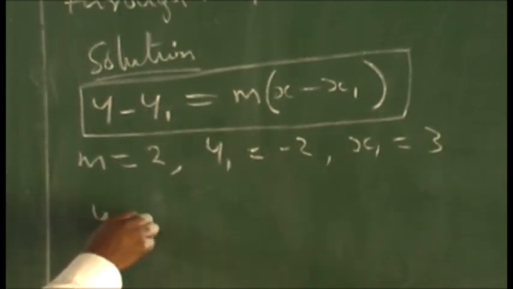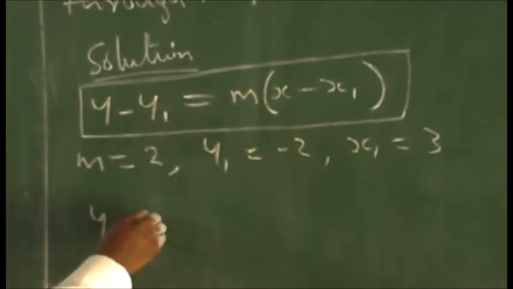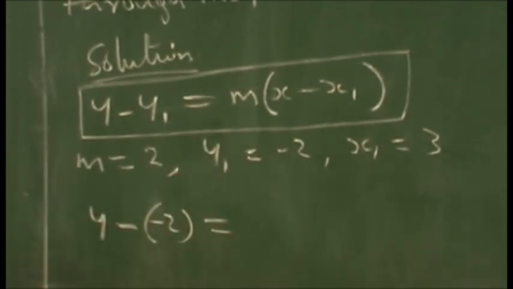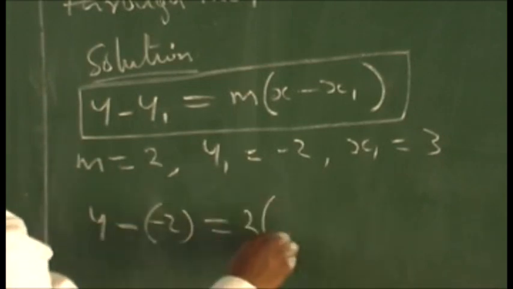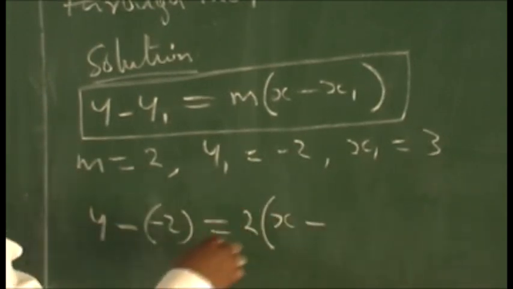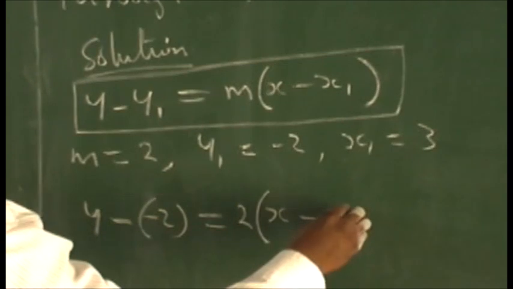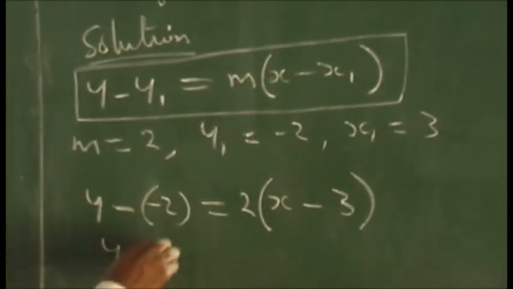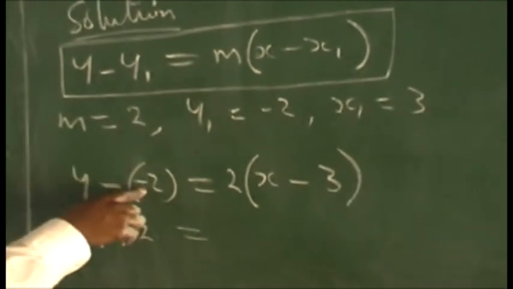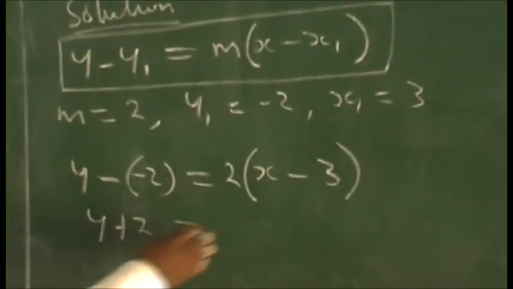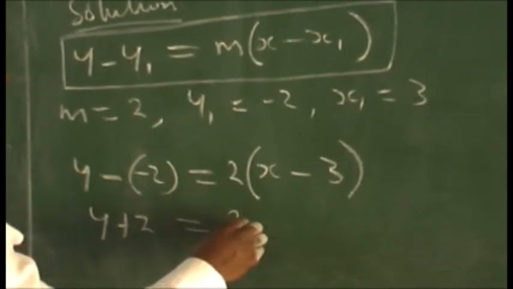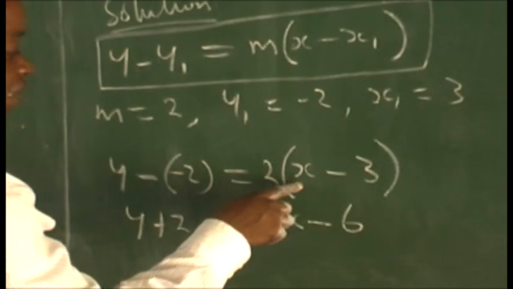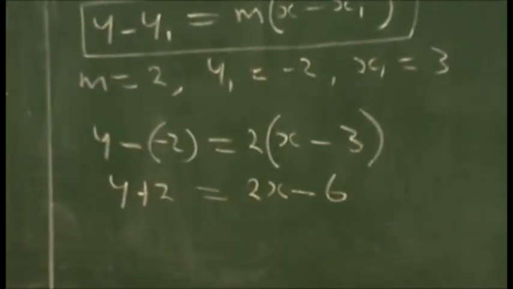So y minus y1, y1 is minus 2, will be equal to m is 2, bracket x minus x1, x1 is 3. So what we will have here is y plus 2, because minus and minus will give you plus 2. Then we have 2x minus 6, like this times this, and 2 times minus 3.